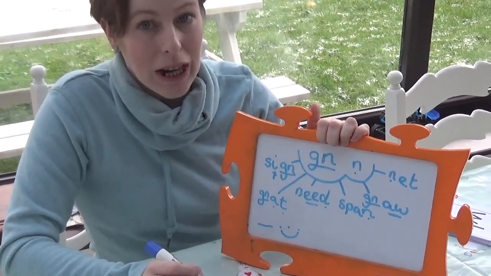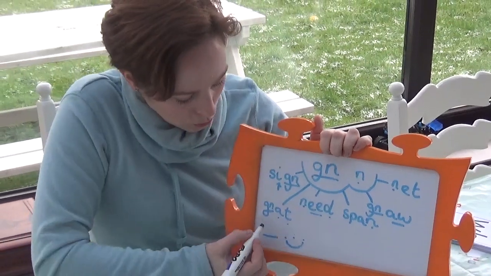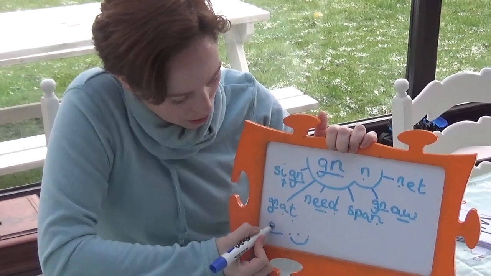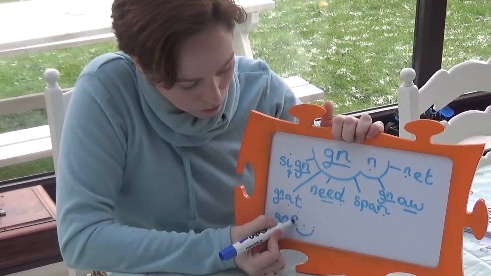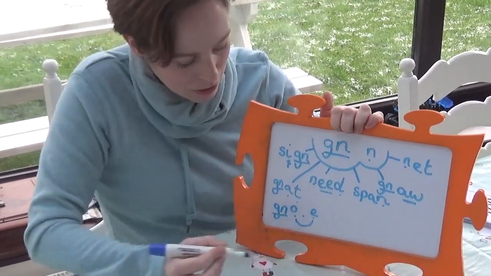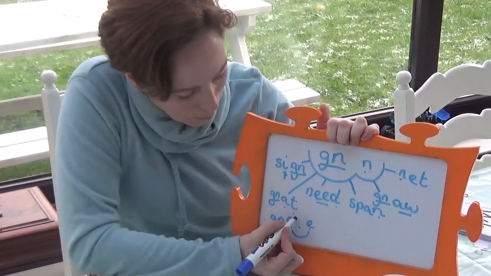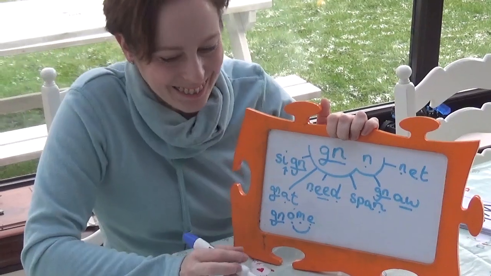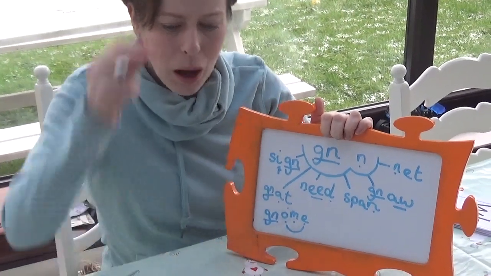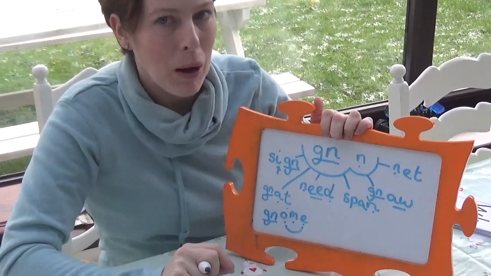So in 3, 2, 1, gnome. Starts with the digraph N, N. The split digraph O. And what's in the middle? Gnome. M for mummy. Gnome. Okay, good.